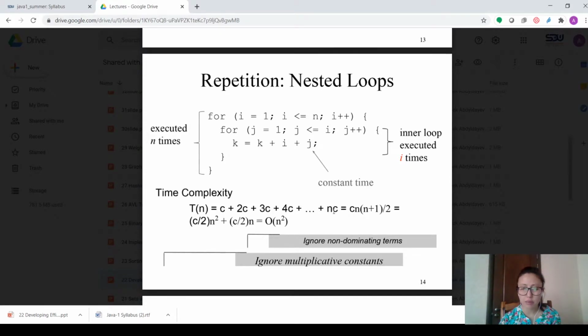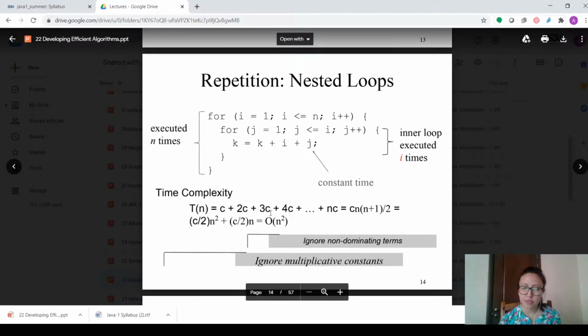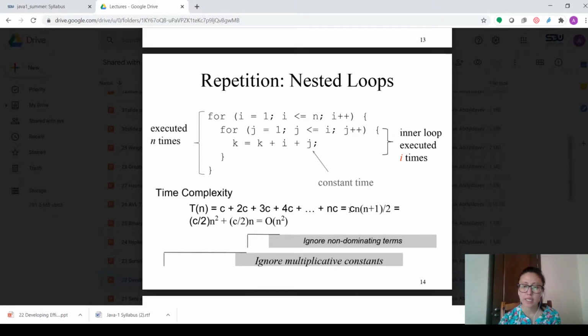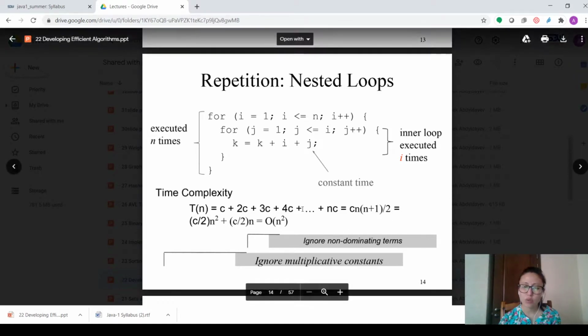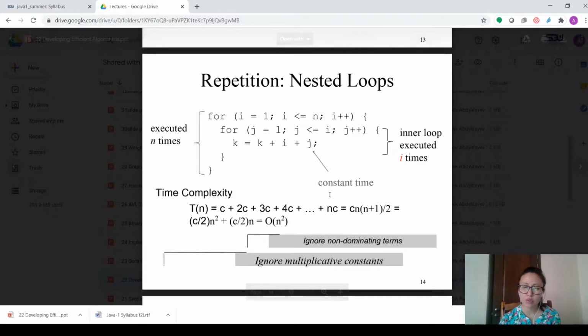some constant time. Now, when we add all these execution times, as you remember from the formula before, the addition of numbers from 1 to n is n times (n plus 1) over 2. Also, we have the multiplication by a constant, then the answer will be c times n times (n plus 1) over 2.